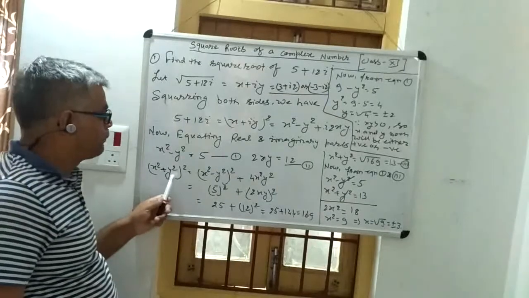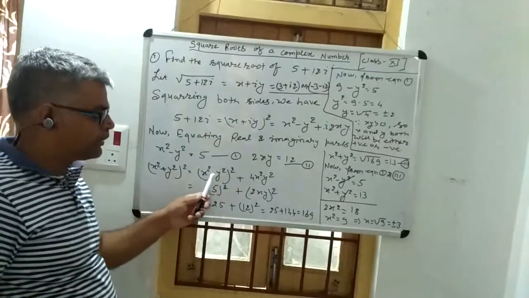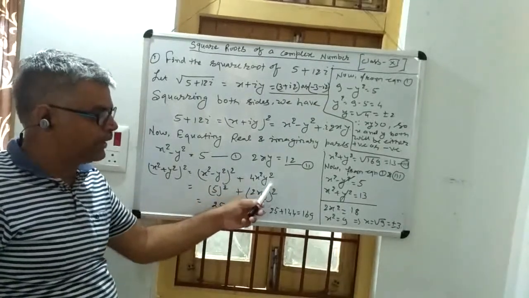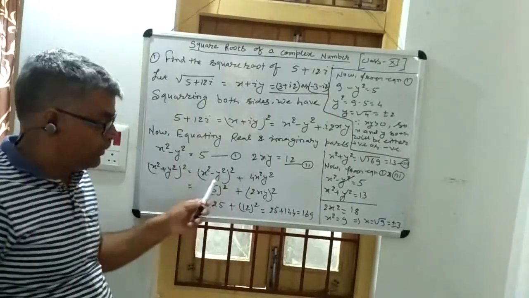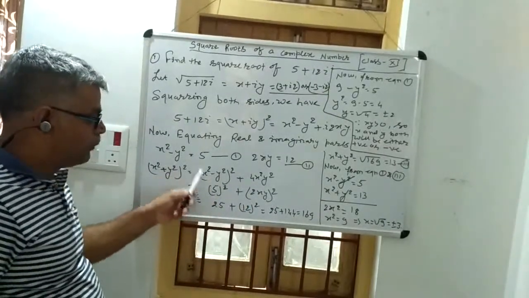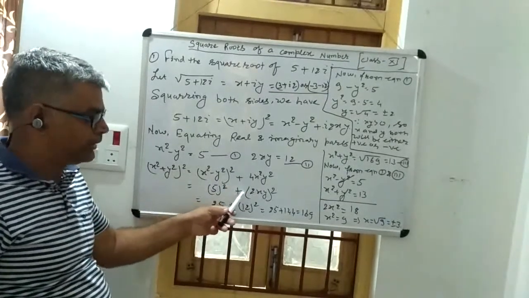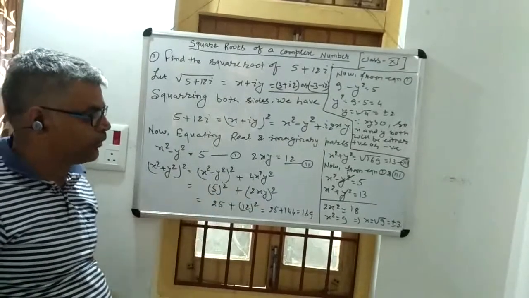So (x square plus y square) whole square equals (x square minus y square) whole square plus 4x square y square. This is an algebraic identity. So put the value of x square minus y square, that is 5 square, plus 4x square y square, which can be written as (2xy) whole square.